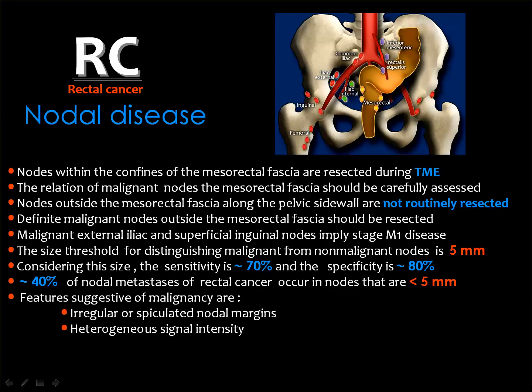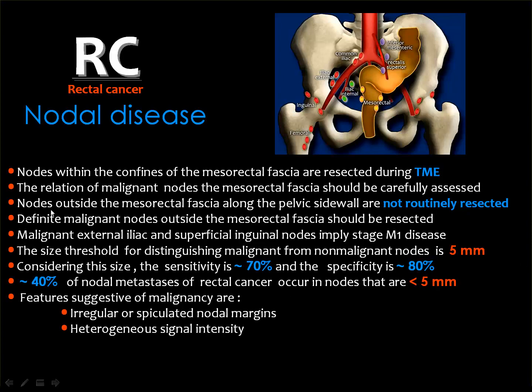Then we come to the lymph nodes. The lymph nodes that are present within the mesorectal fascia are resected in the total mesorectal excision. The relation of a malignant node to the mesorectal fascia should be carefully assessed, and there should be a distance of more than 1 millimeter between the nodes and the mesorectal fascia.